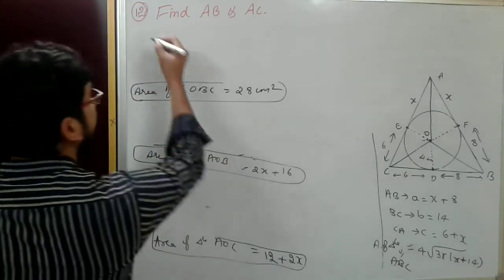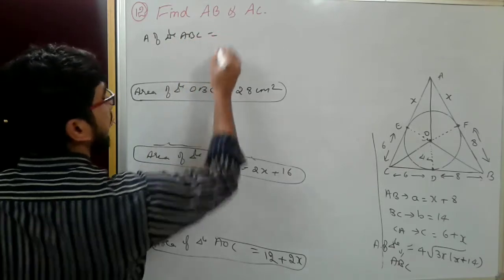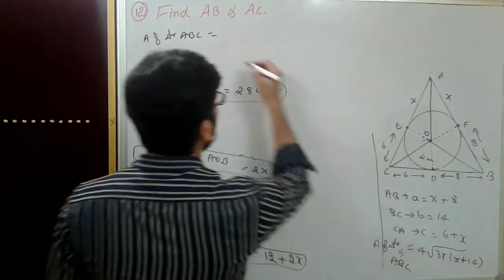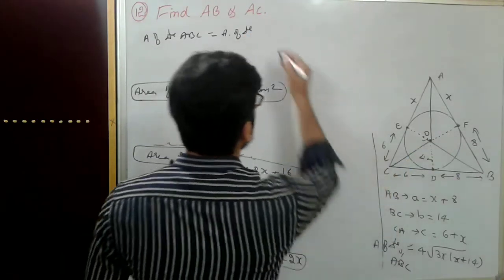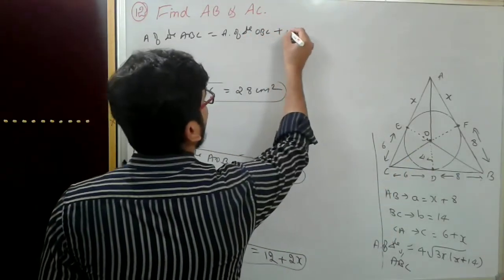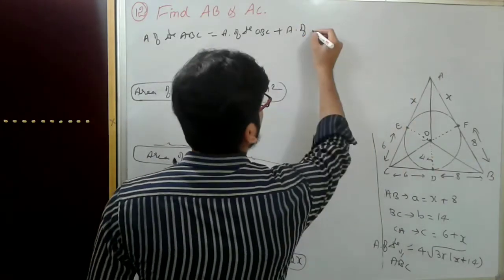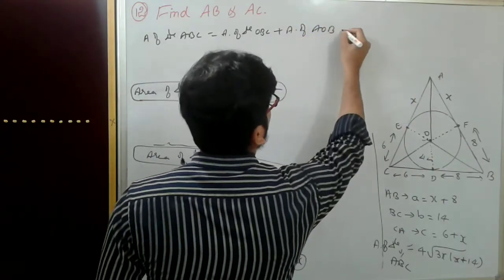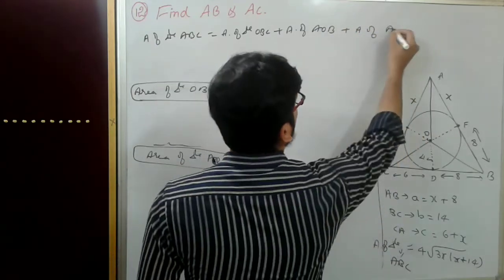So we write: area of triangle ABC is equal to the complete area of the triangle, which is equal to area of triangle OBC plus area of triangle AOB plus area of triangle AOC.